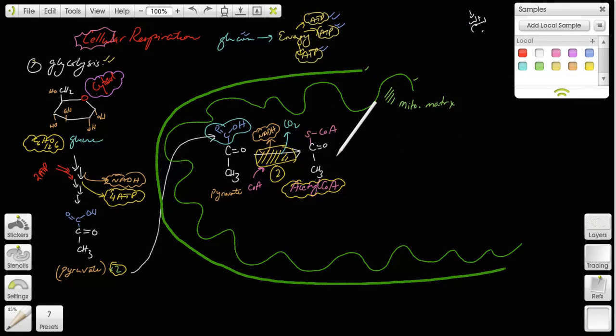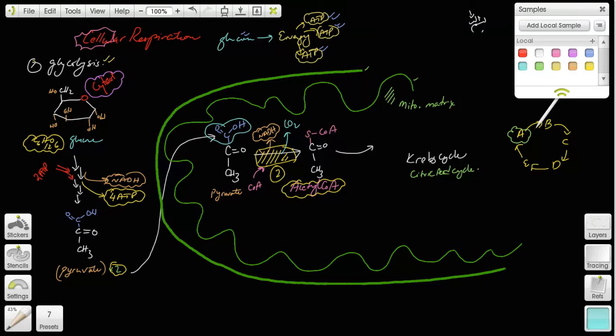Now, what's going to happen? This acetyl-CoA now is going to join into a cycle, famously known as the Krebs cycle, also sometimes known as the citric acid cycle. Now, if you recall from our previous discussion, a cycle is a series of reactions which start with certain substrates and change into different compounds, and the end result, however, is the very starting substrate.